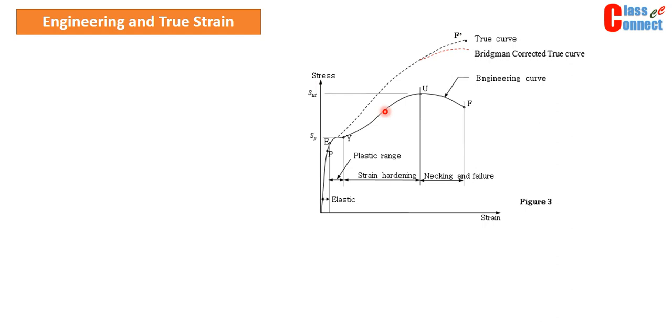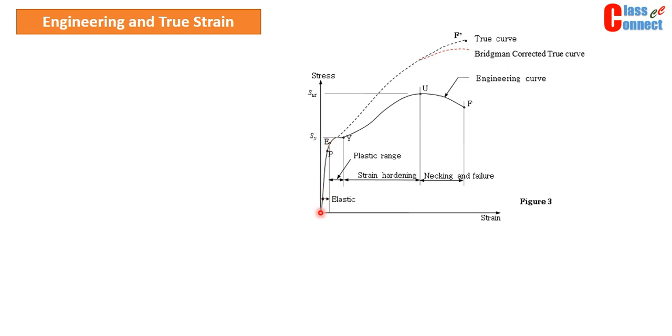One is that stress is directly proportional to strain within the proportional limit. So the curve should follow a straight line from here to here. Then E is the elastic limit, and if we remove the load after loading a member up to E, then it will regain its original shape.